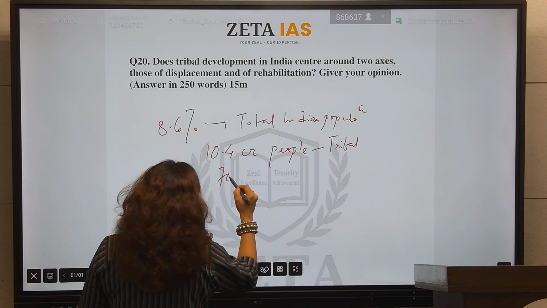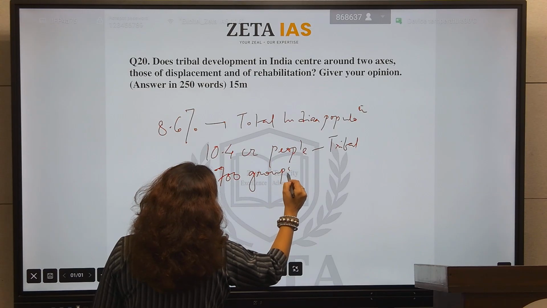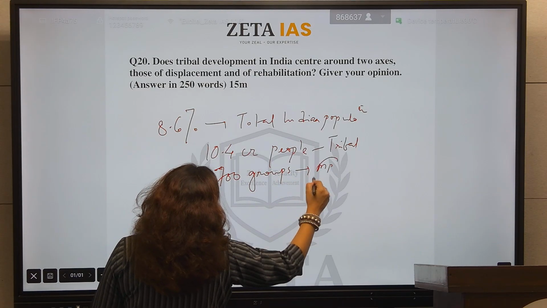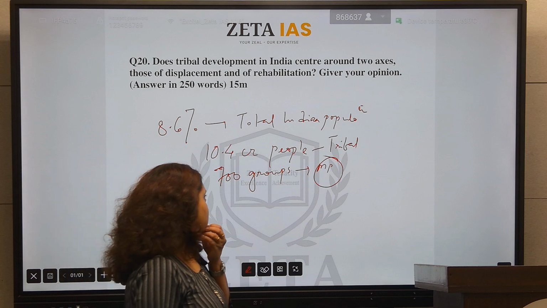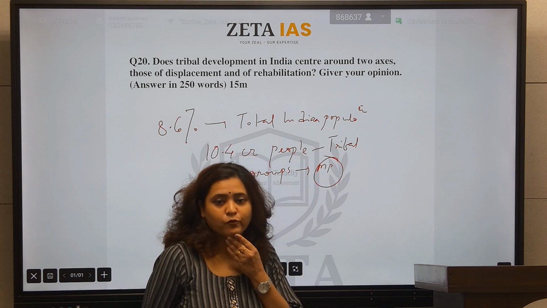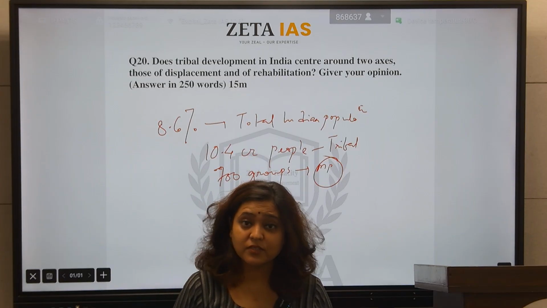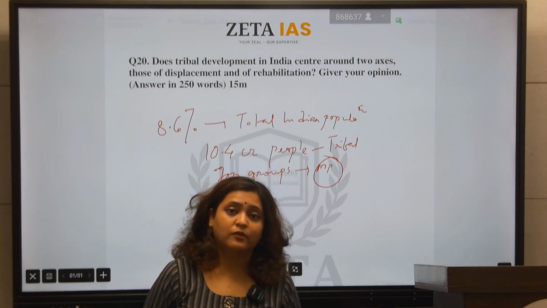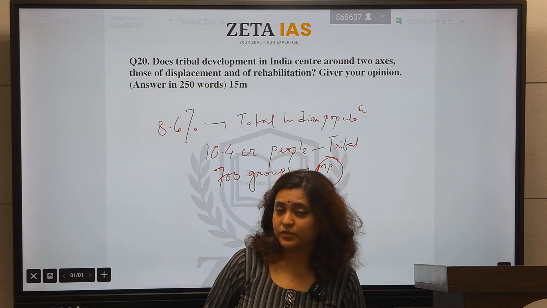There are 700 groups, most of them found in Madhya Pradesh, if I'm not wrong. Please check. Madhya Pradesh, 700 groups, 10.4 crore tribal people, 8.6% of the total population, which means that tribal people form a significant part of India's population.